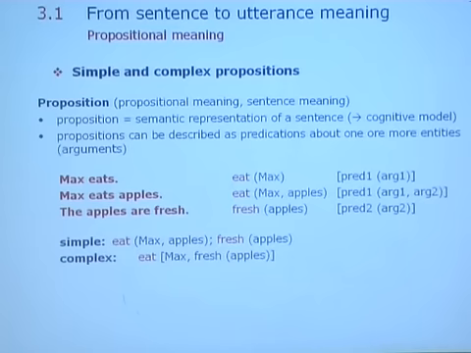And this is where predicate logic comes in and models based on predicate logic and other things. We don't go into these details here, just to give you a slight idea. So Max eats: eat, and Max.